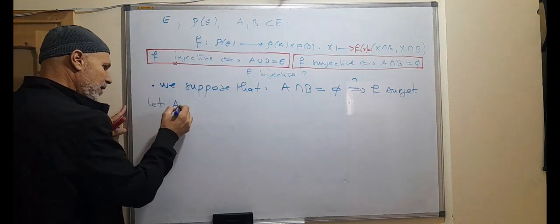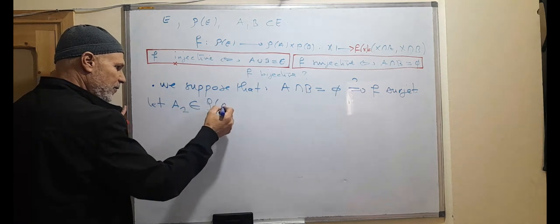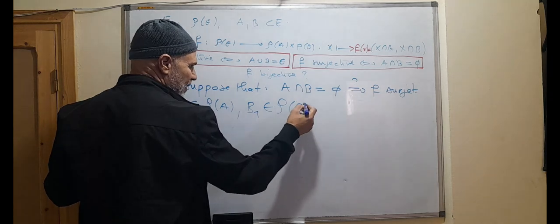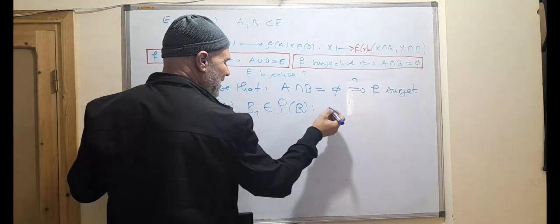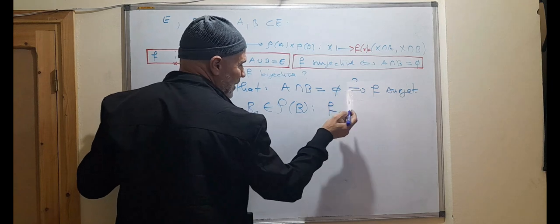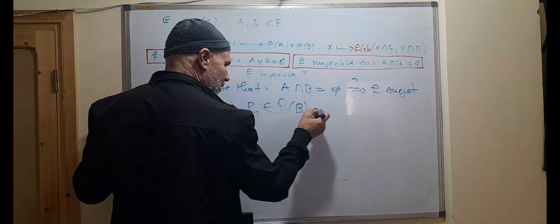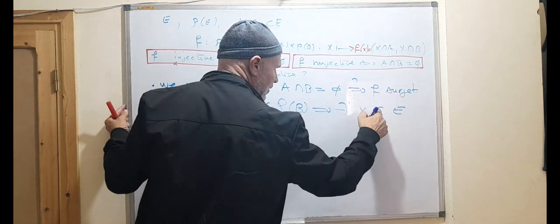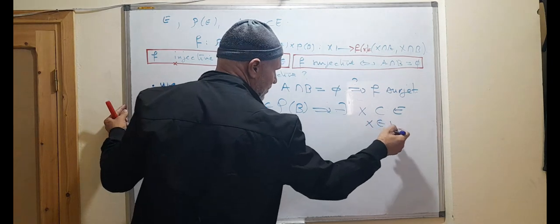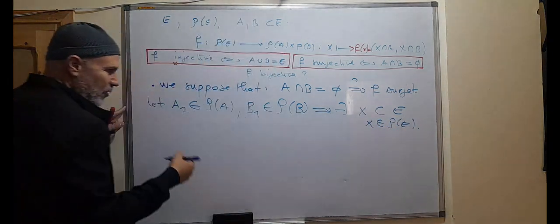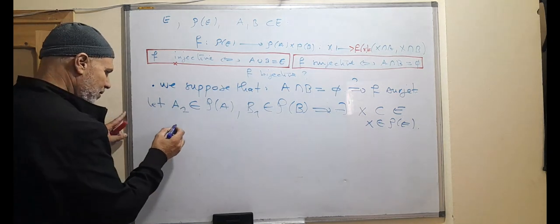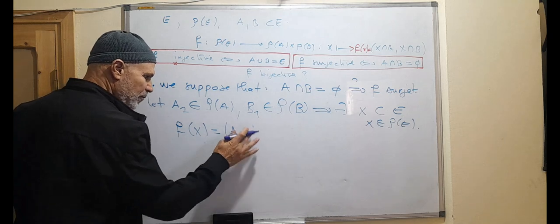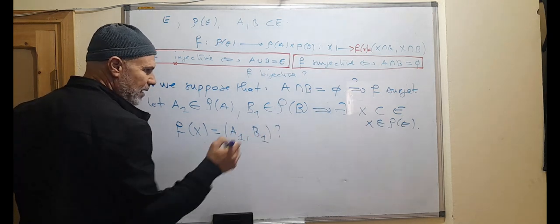Let A1 be an element from P of A and B1 be an element from P of B. Does there exist an element X from P of E such that F of X equals A1, B1? This is the question.